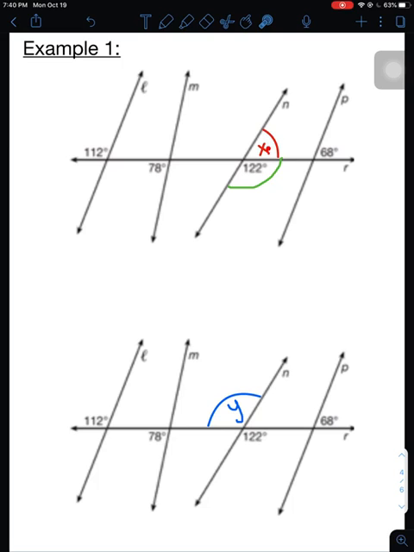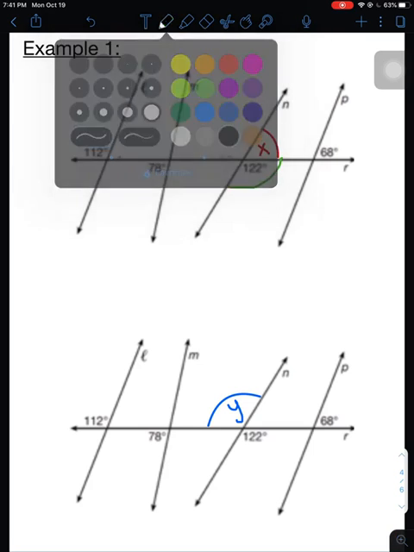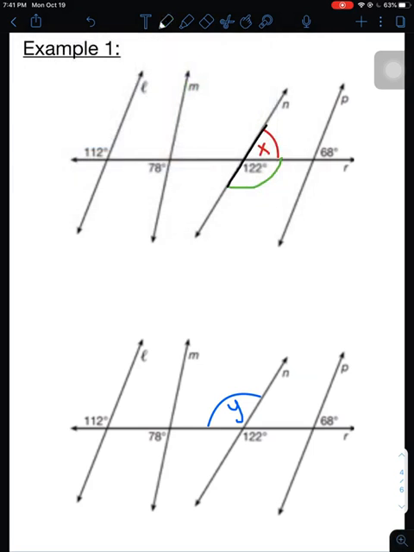And what do we notice about this 122 and this X that we're looking for? They fit together like a puzzle to make a straight line in the bottom, right? Or also another way that you can see it is to make half a circle. That means that these are supplementary. So to find X, all you gotta do is 180 minus 122.